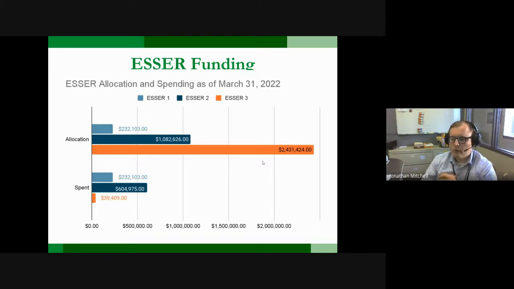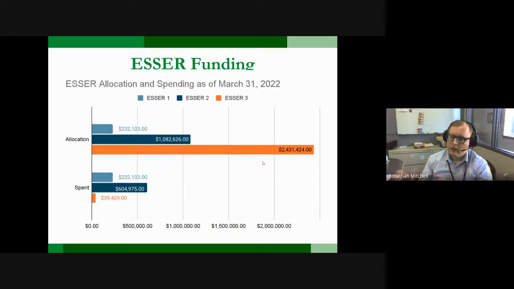ESSER 2 was $1,082,626 and about 60% of those funds have been committed. Those funds are intended to assist with the response to the coronavirus and mitigation measures we're taking within the schools, and then recovery academically for our students. So again, about 60% of that has been invested.